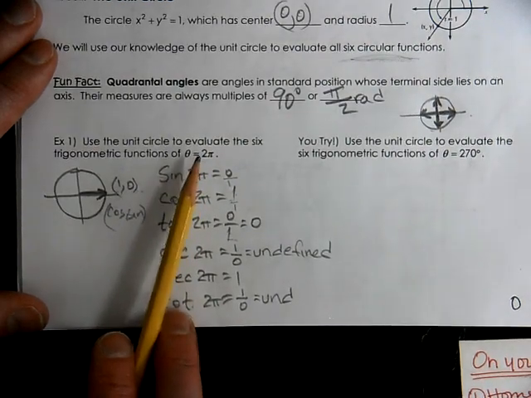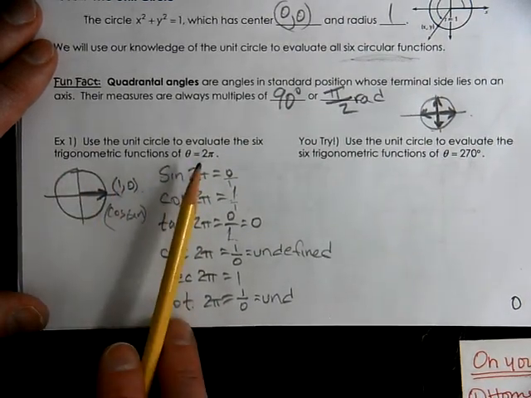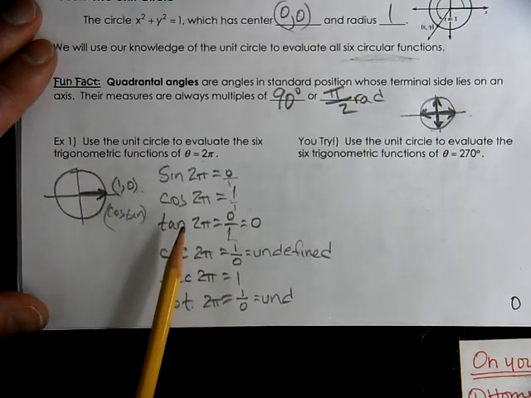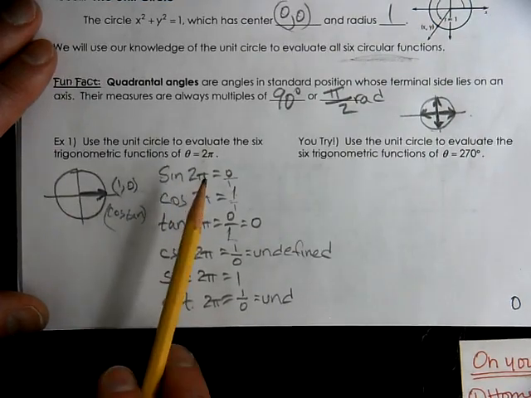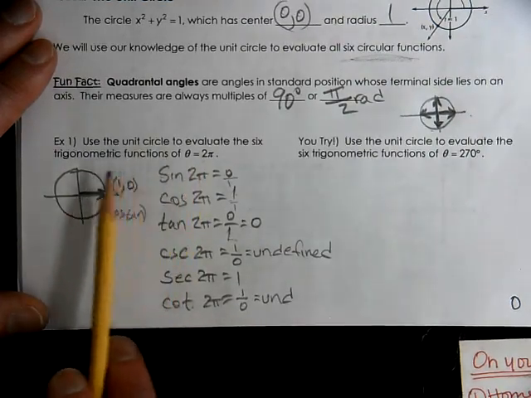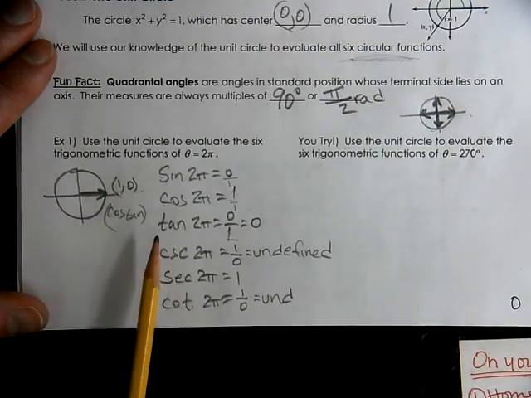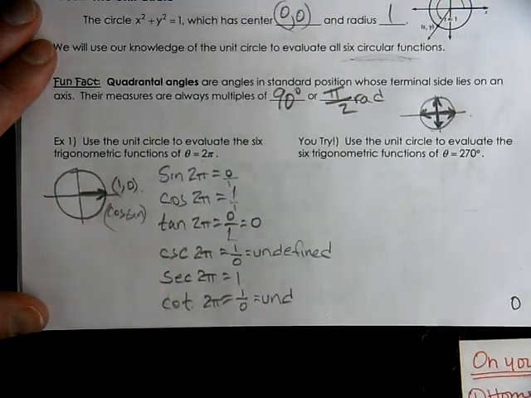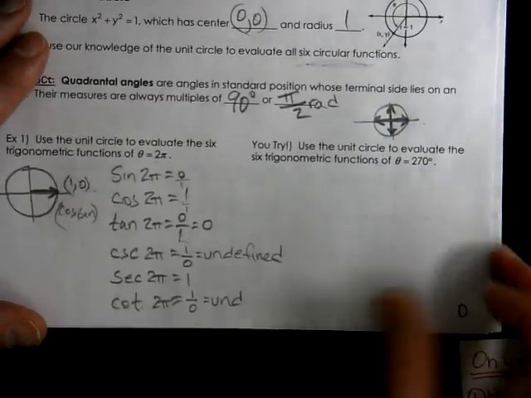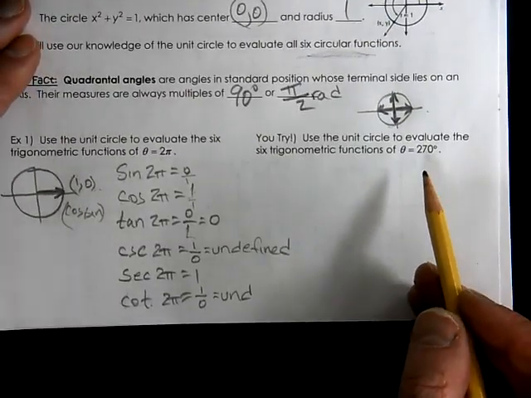Now, if the angle they gave you was not on the unit circle, that would make it a little bit more challenging. But all the angles that we're given will be found on the unit circle, or coterminal of that. For example, 270.